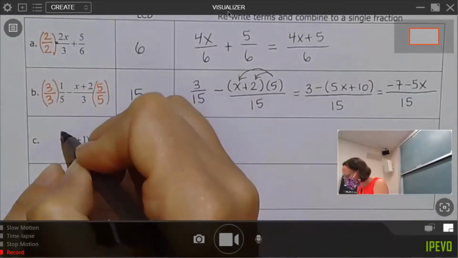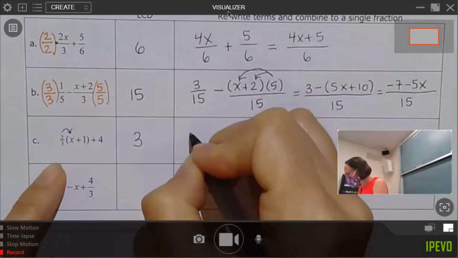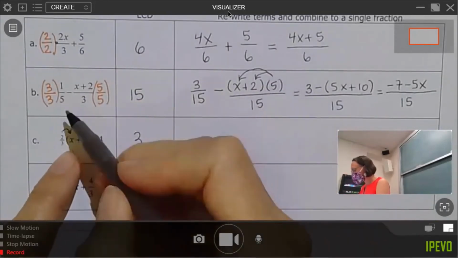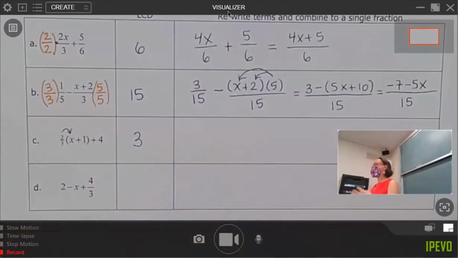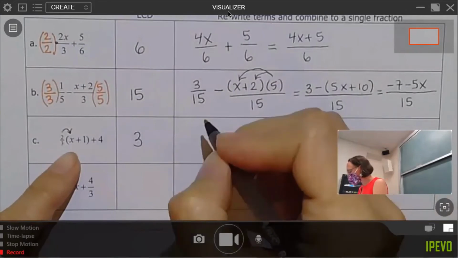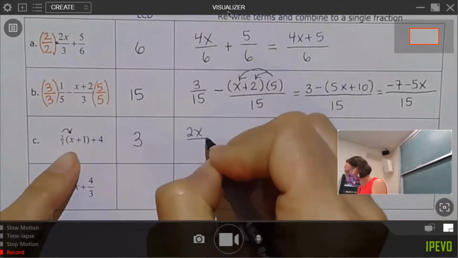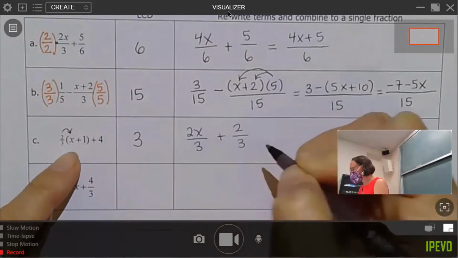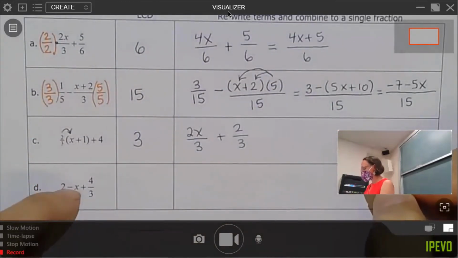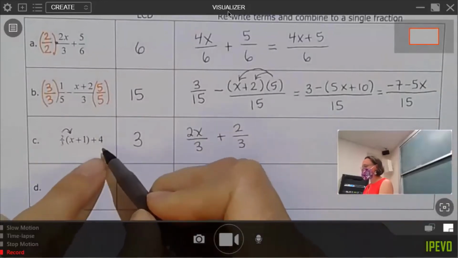When I distribute the 2/3 in, this x plus 1 doesn't have a fraction underneath it. So when I multiply the 2/3 in, I can write that as 2x over 3 plus 2/3. Now we're going to be adding 4 to that.